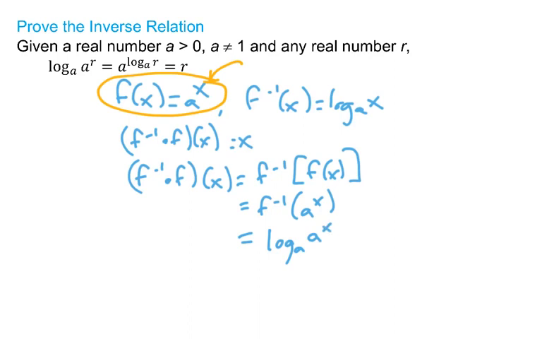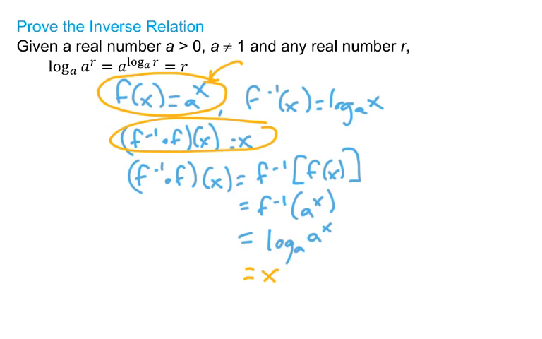And because that composition is supposed to give me x, that tells me that this is indeed equal to x. And again, in my statement, I just replaced the x with r. So this rather complicated looking relationship is built on the fact that the exponential function with base a and the logarithmic function with base a are inverses of each other.